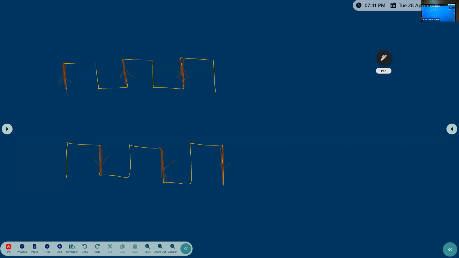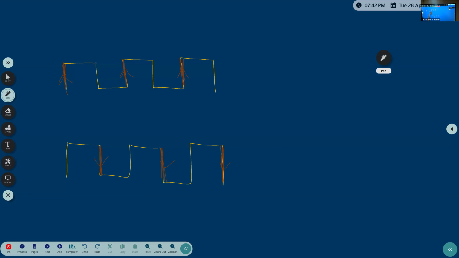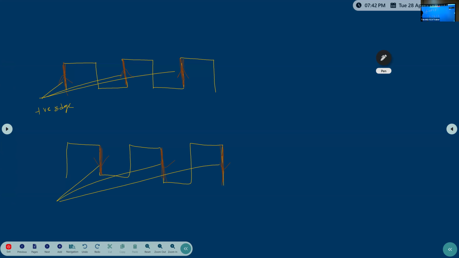What are those? Up edge, down edge: positive edge and negative edge.